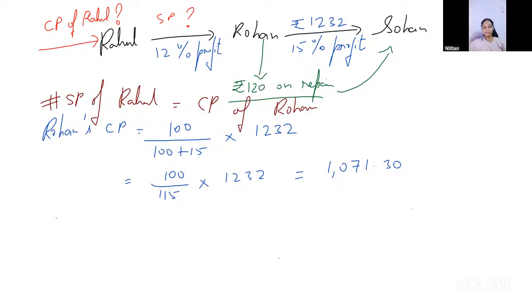951 is the answer. Now this is including repairs, so we will deduct. Ma'am, I'm getting 951. When I'm doing it with 1071.1, I am getting 951.